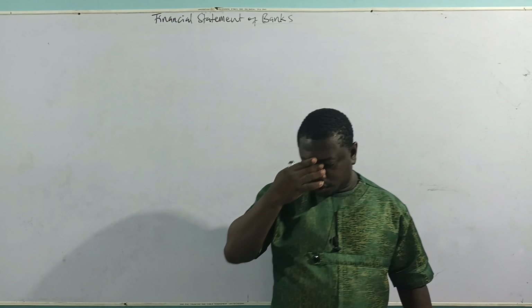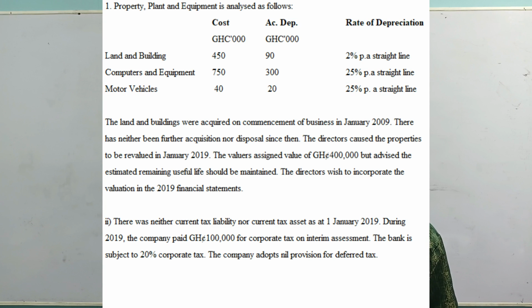So please take note. Let's continue. There have neither been further acquisition or disposal since then. The directors caused the properties to be revalued in January 2009. So 10 years after the purchase, there is a revaluation.